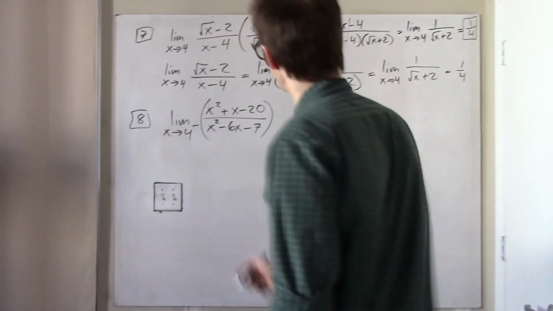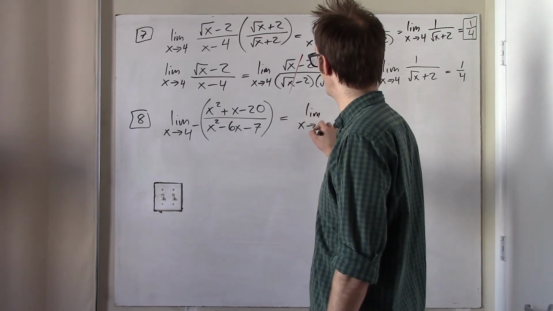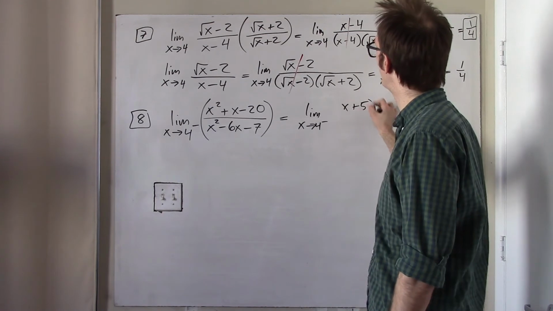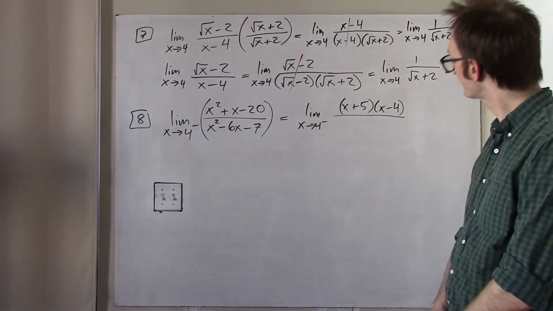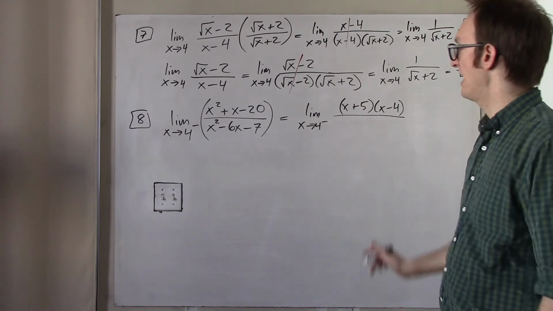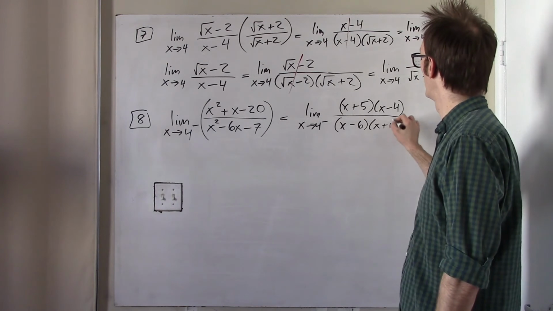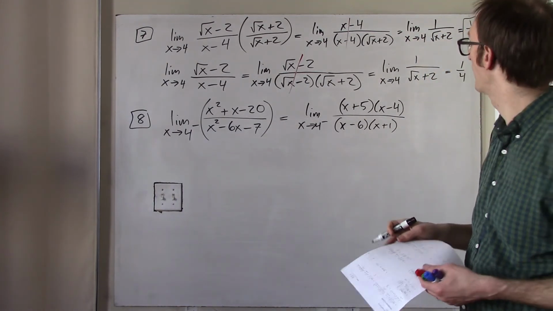And, well, you can factor this if you want. What happens if you factor it? You get the limit as x approaches 4 from the left of, what's up there? It's (x plus 5)(x minus 4) over (x minus 6)(x plus 1). That's got to be right, yeah? And, no, 7. Jeez.